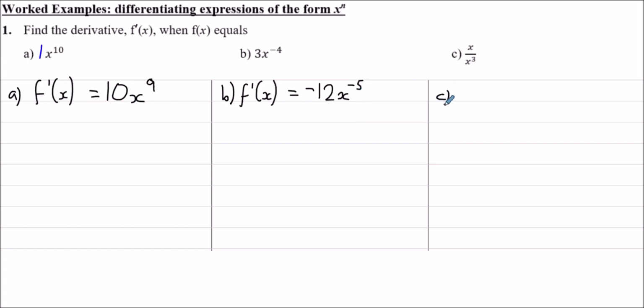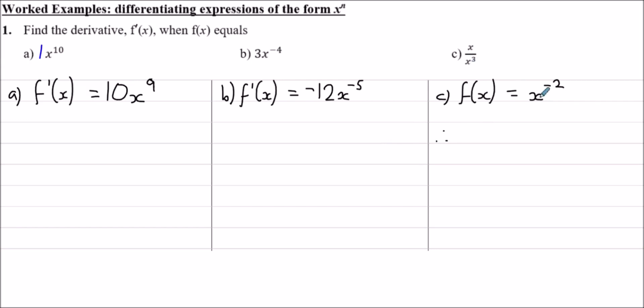And for c, we need to just neaten this up slightly. F of x, if we've got x on the numerator and the denominator is x cubed, then we can say that's x to the power minus 2. So the whole idea of being able to simplify indices now comes into its own. This is one of the main reasons why we need to know how to simplify indices down.